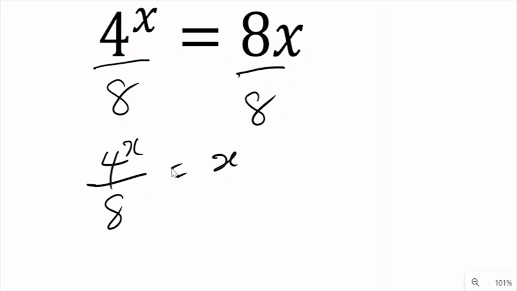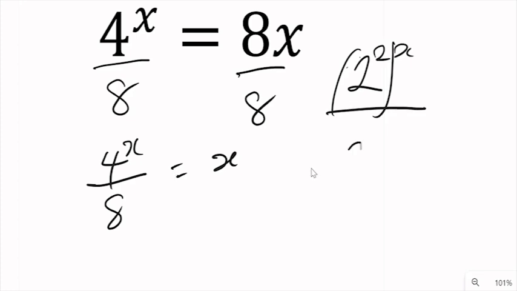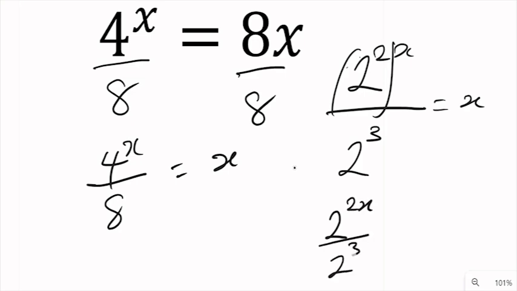So we can write that as 2 raised to the power of 2, all raised to the power of x, divided by 2 raised to the power of 3, which equals x. Based on the law that I showed you earlier, this automatically becomes 2 raised to the power of 2x divided by 2 raised to the power of 3, which equals x.